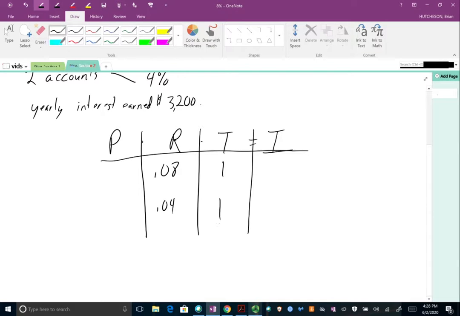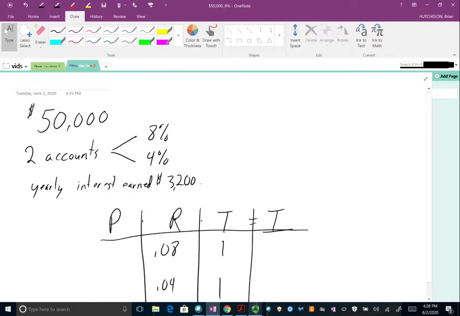It's still just 1 year. But we have to have a question, and the question is, how much was invested into each account?